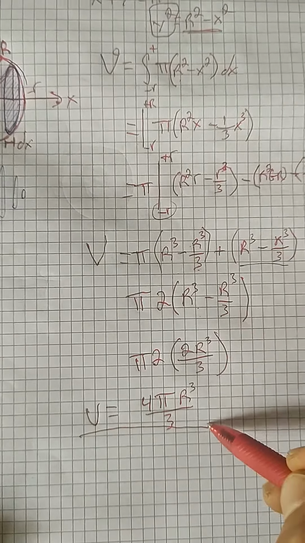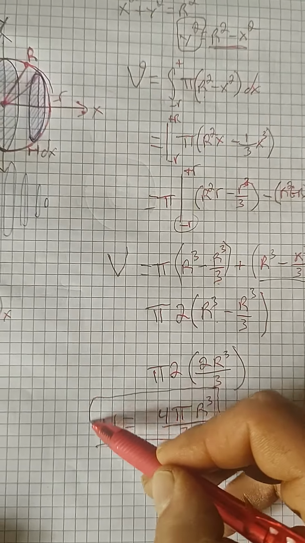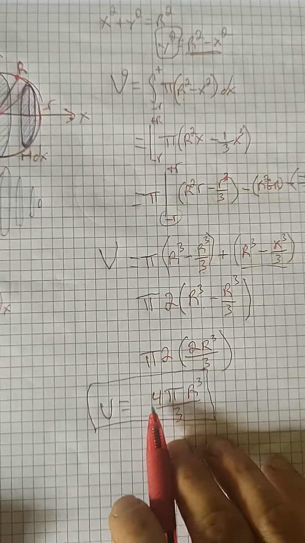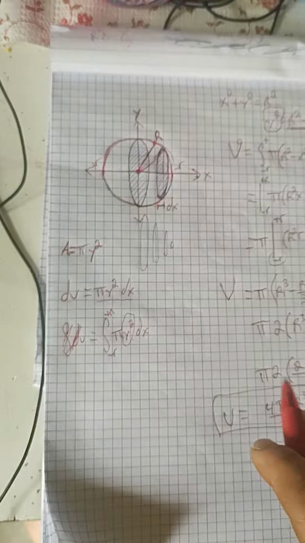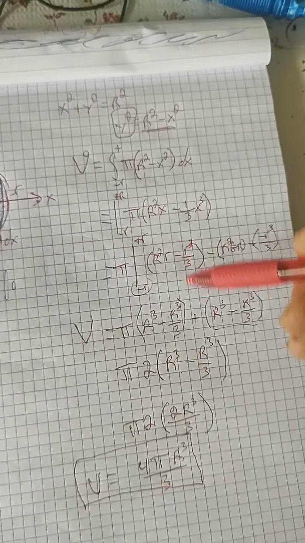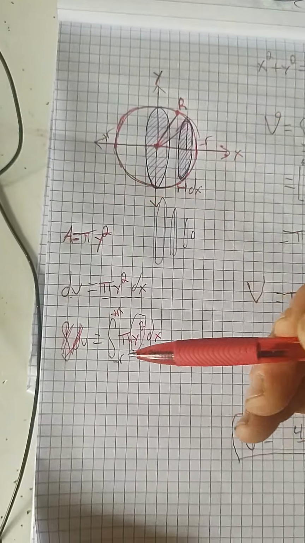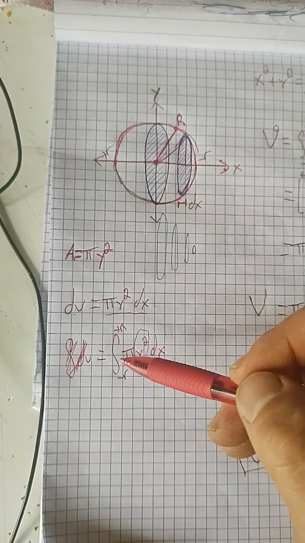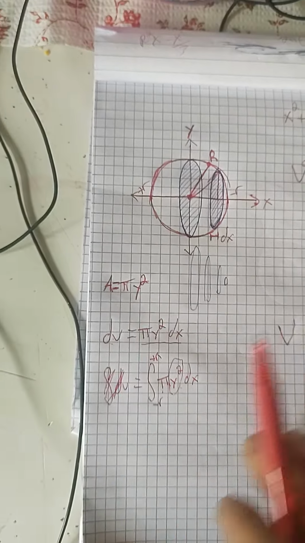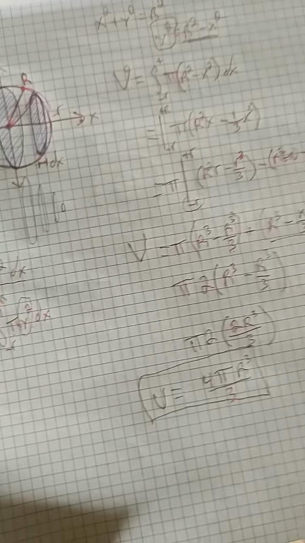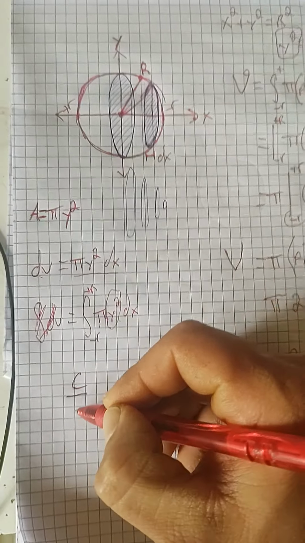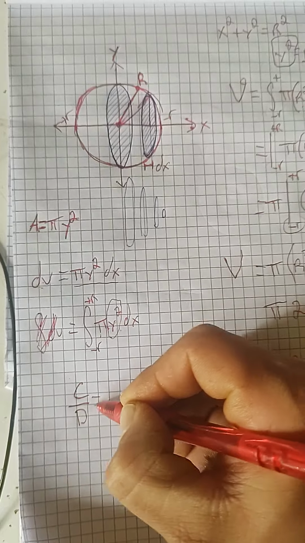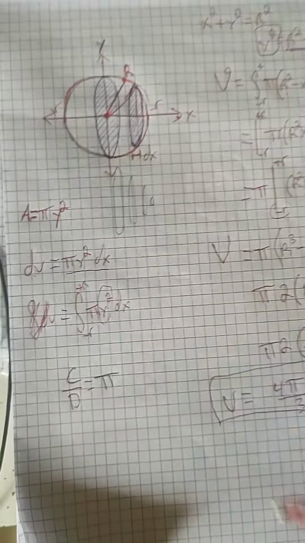So you can see that we've got the equation for the volume of a sphere through calculus, not through trial and error. That comes from our original derivation of area that I did in the last video. We started with a proportion, C over D is equal to some number, which we don't care about.